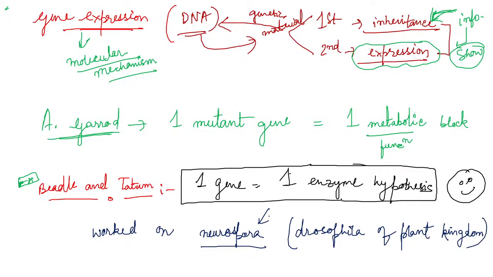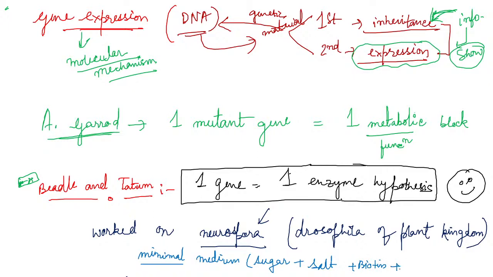If we give a minimal tissue culture medium to this Neurospora, what is this minimal medium? It is just sugar, salt, and biotin.